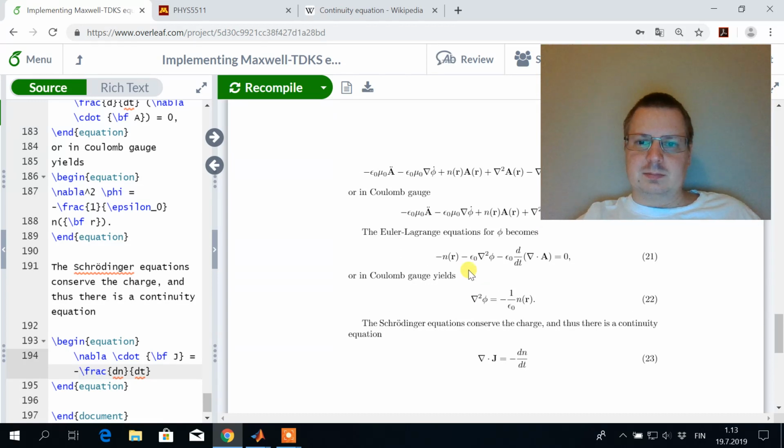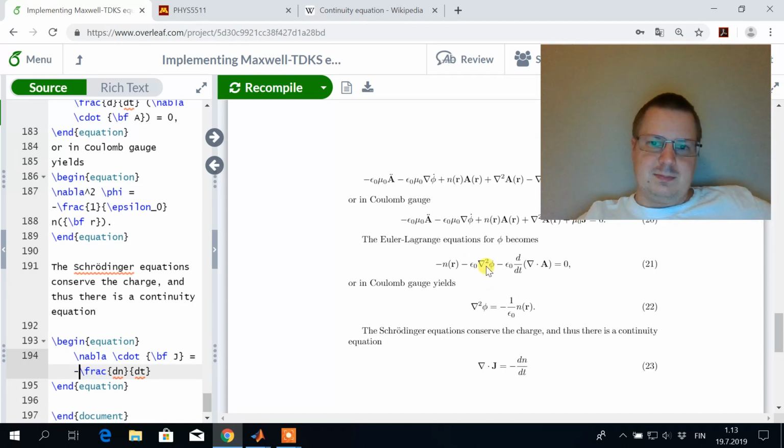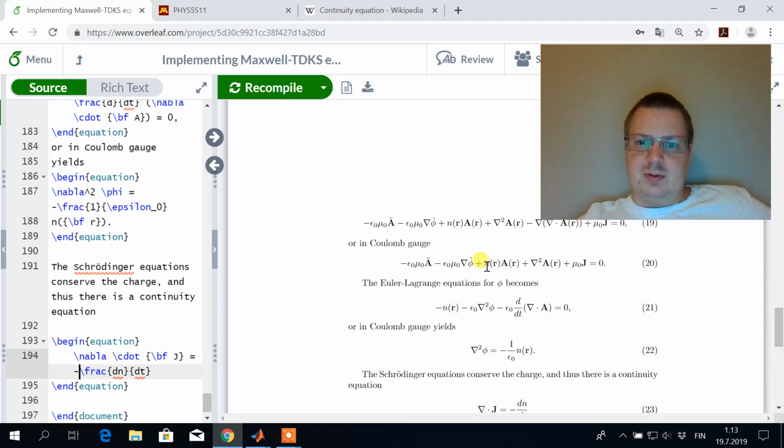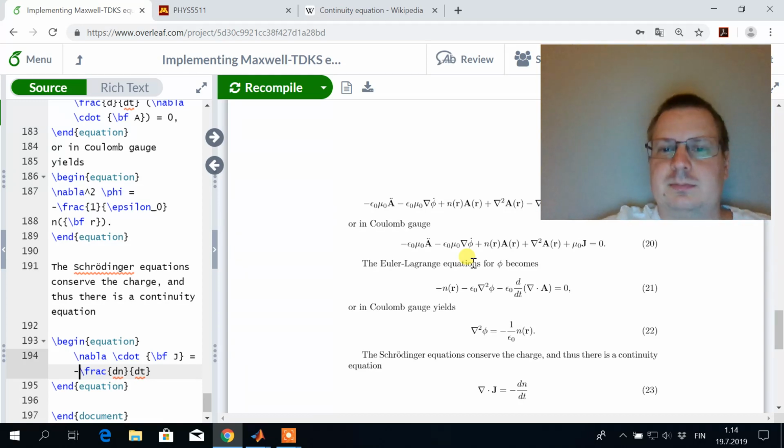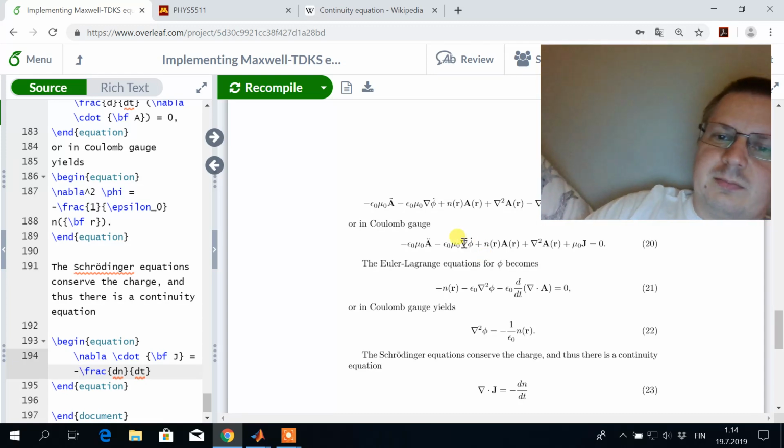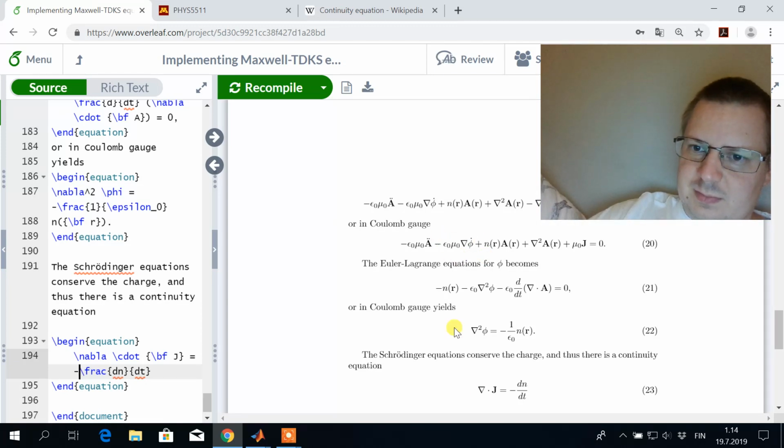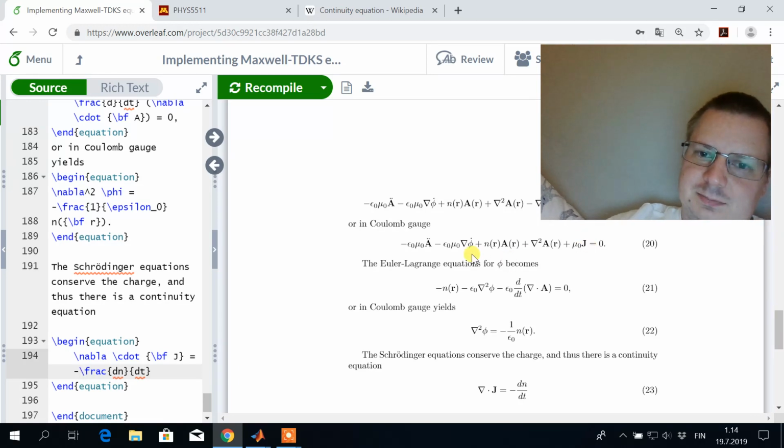So now we can see, for example, here that we have, so I wonder what if we would, so there's nabla dot J. So if we would take nabla dot J here, and then we would take nabla dot here, so this would become the Laplacian of the potential.